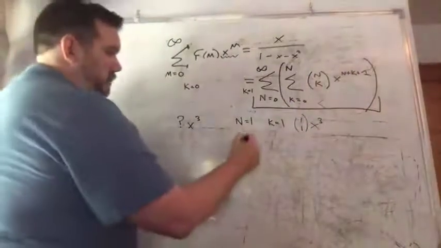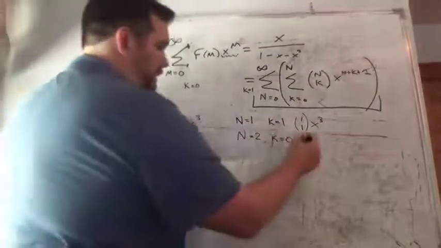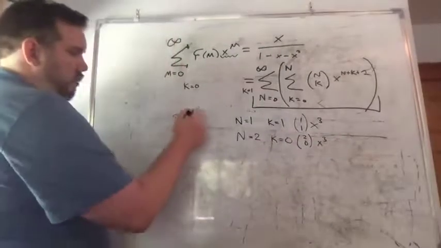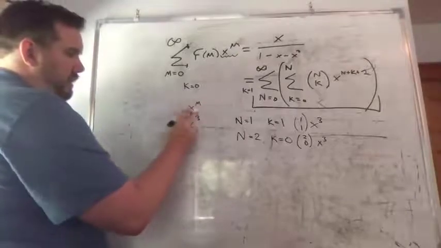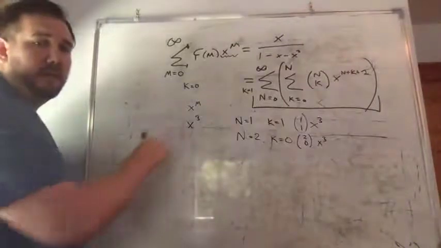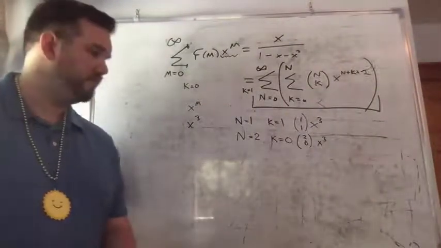But when n was equal to 2 and k was equal to 0, I had 2 choose 0 x cubed. And so I just have one coefficient on x to the m, but there were different n and k combinations that might lead to that coefficient. And that's what I need to analyze now.